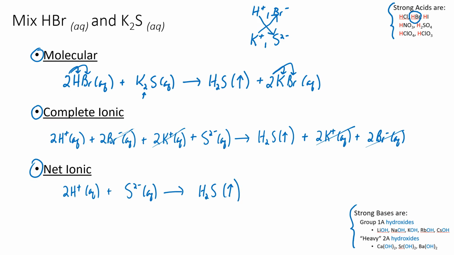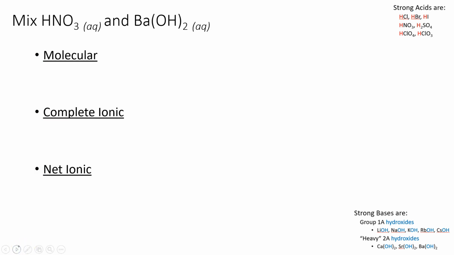Let's do another one. Looks like another acid-base reaction. So our first reactant is nitric acid, and it's reacting with barium hydroxide. And now to predict the products, again, I'm going on my scrap paper.